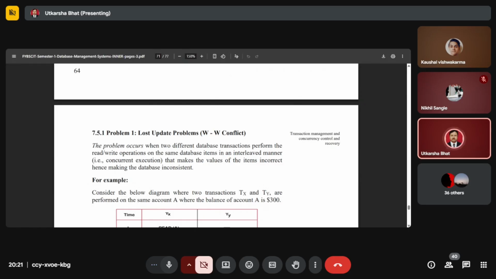Problem one, lost update problem, WW conflict. The problem occurs when two different transactions perform the read-write operation on the same database item in an interleaved manner, that is, concurrent execution, which makes the value of the item incorrect, hence making the database inconsistent.